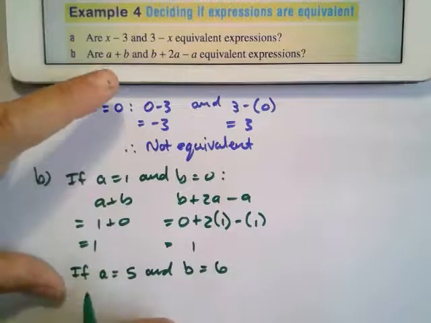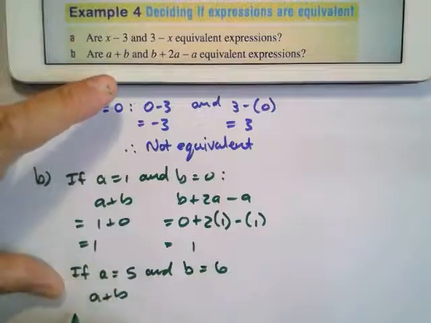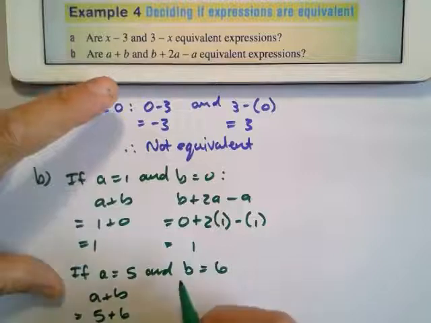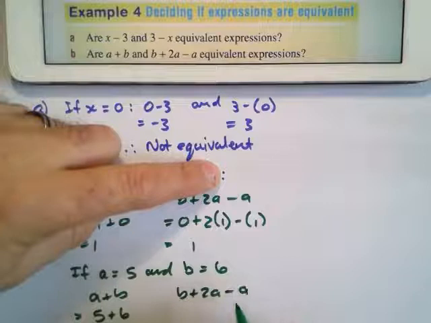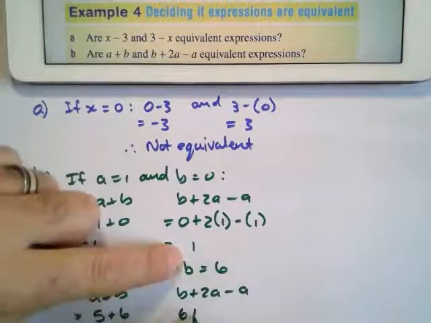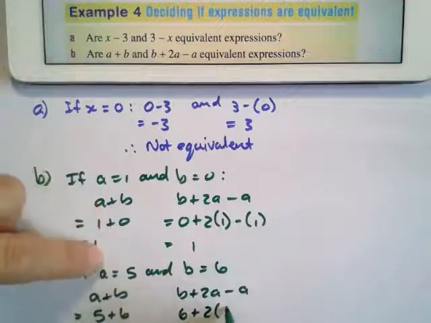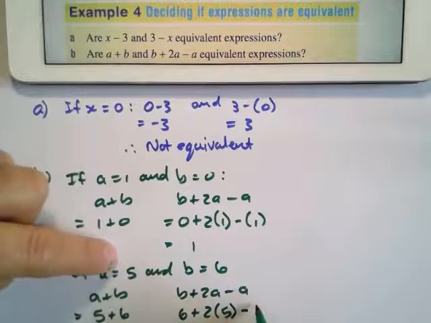I'm now going to substitute in a plus b: a is 5, plus b is 6, so that will equal 11. If I have b plus 2a minus a, b is 6, plus 2 times a, which is 5, minus a, which is 5.